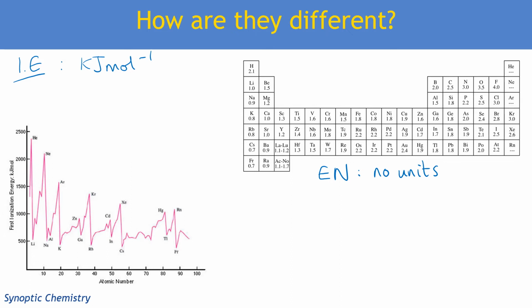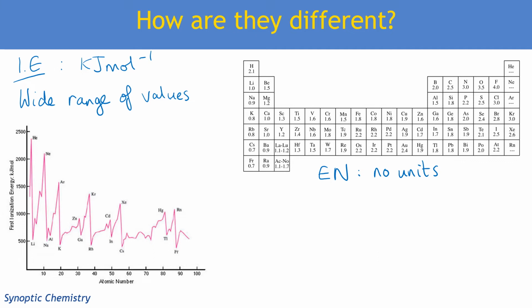The other thing to notice here is that there's a much bigger difference. So it's a very wide range of values for ionization energies, which means we can find out a lot more detailed information from ionization energy than we can from electronegativity.